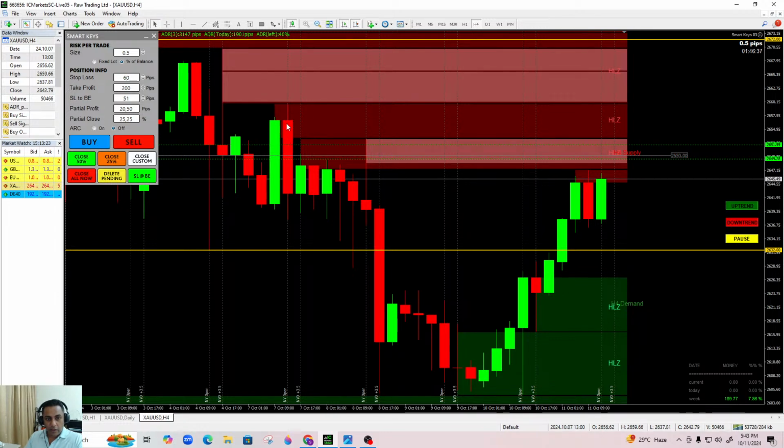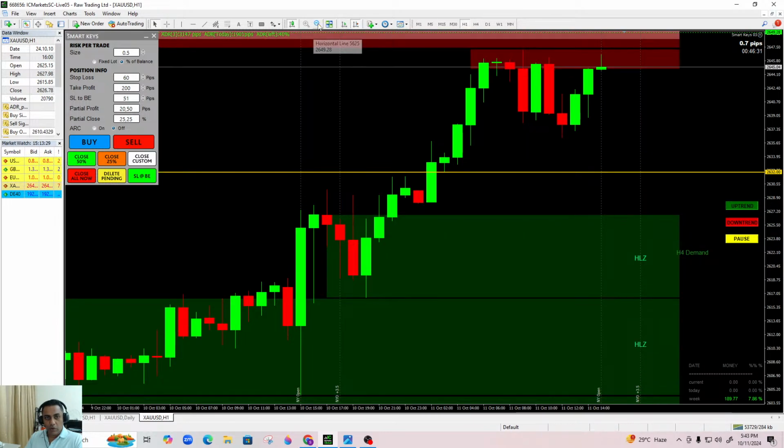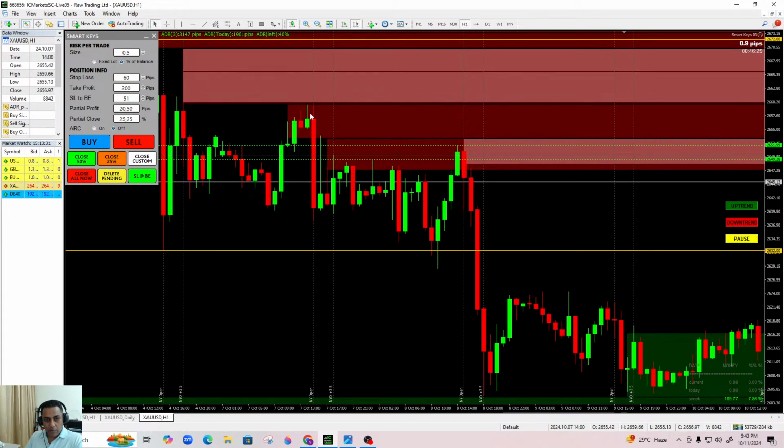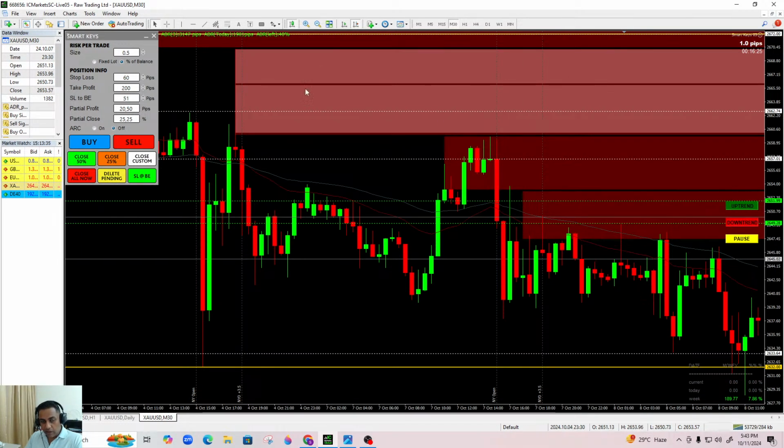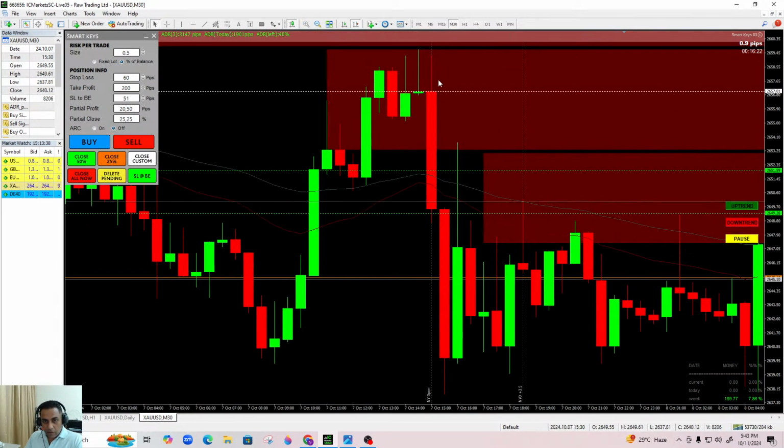I'm going to take a look at this and see where price could come to inside this. Let's go to the H1. There's a big candle right there. Go down to the M30, there is that candle. Okay, that's a nice drop there.